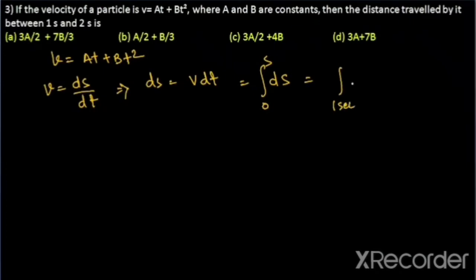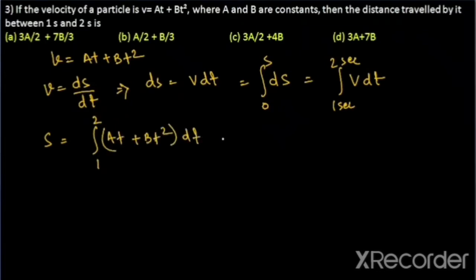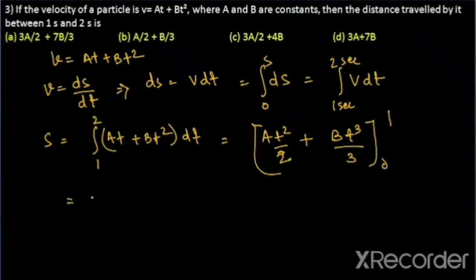So from 1 second to 2 seconds, v dt. So s is equal to, 0 to s is s minus 0. S is equal to integration of v dt from 1 to 2, at plus bt square dt. That implies integration of at dt is a t square by 2 plus b t cube by 3, with limits 1 second to 2 seconds.